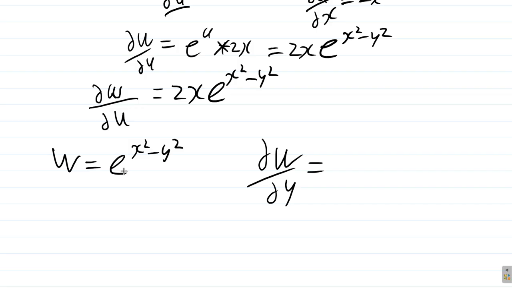The same argument applies as before, but you're going to differentiate with respect to y. You're going to get negative 2y times e to the all of this, which you would have called u, so it's e to the x squared minus y squared. You see that?